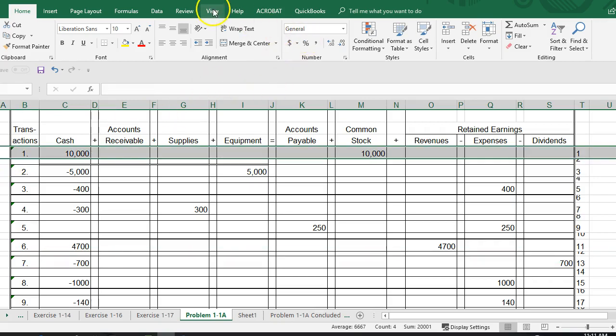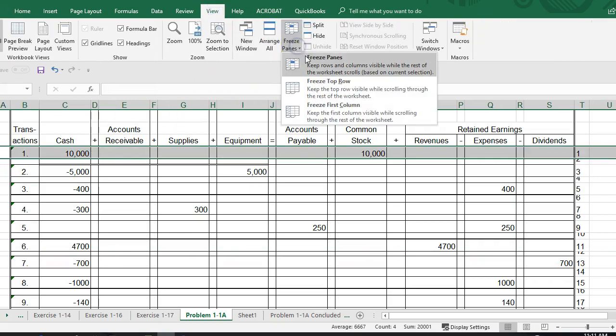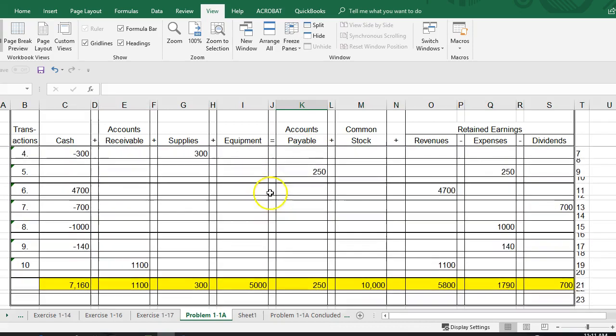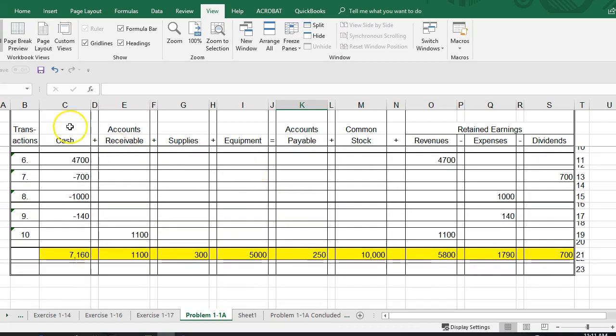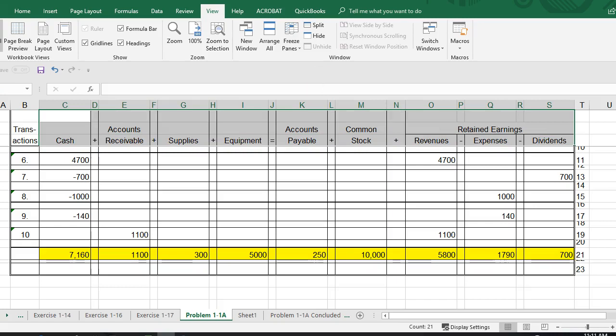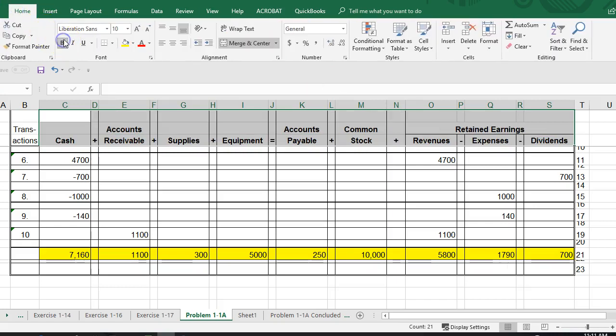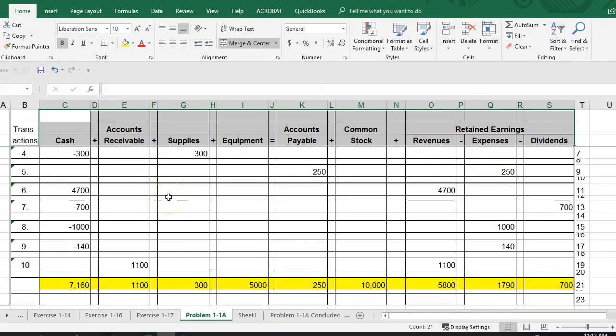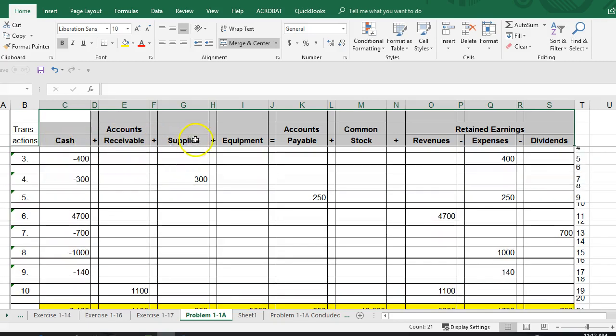And let me just do a little different view so we can see everything. Freeze pane. Scroll this up a little bit. And let me highlight this section here. There we go. So what I want to do is get a total of all of my assets. So for assets, I have cash, accounts receivable, supplies, and equipment.